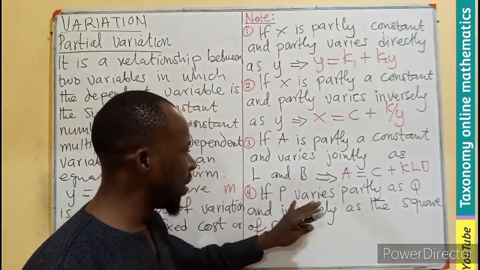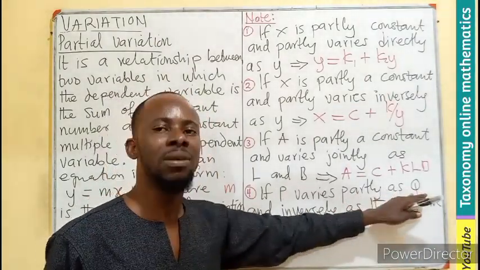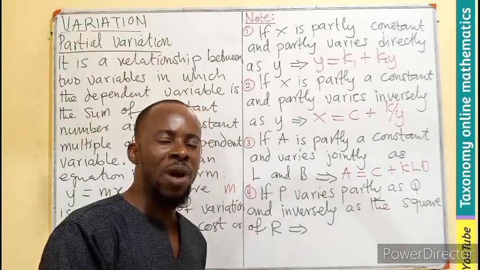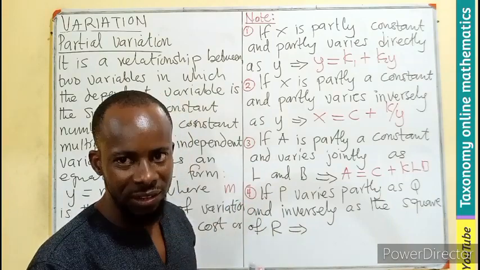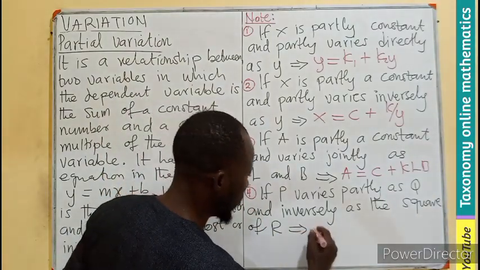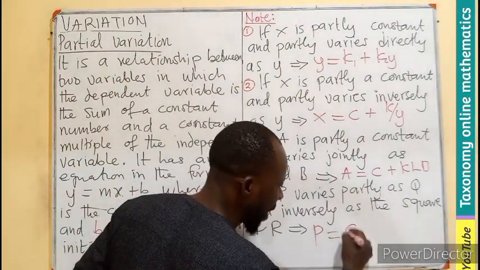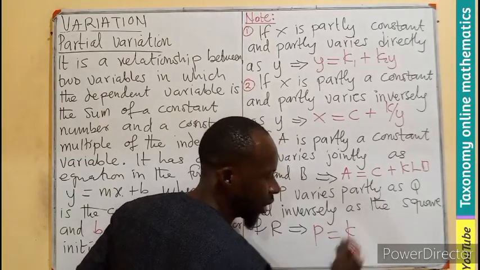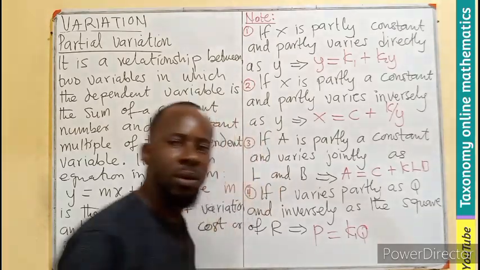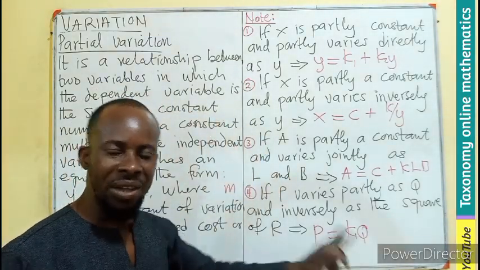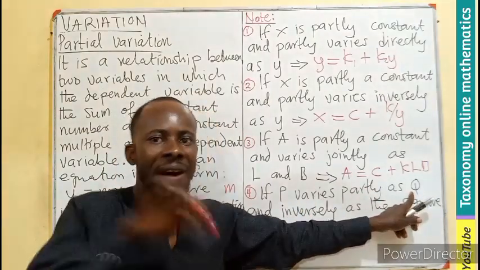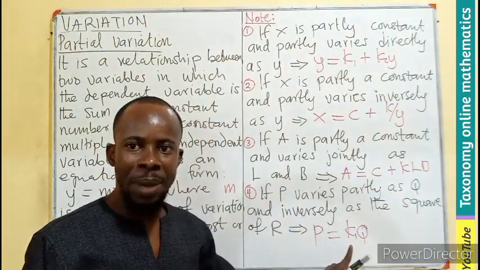But here, if P varies partly as Q, meaning the Q is going to be a multiple of our first fixed constant. So I'll be having P equals to the first constant times, let me use K1 so that the C will not look like the Q. This is the first constant, but it is varying partly with another variable also. So this will take that part.